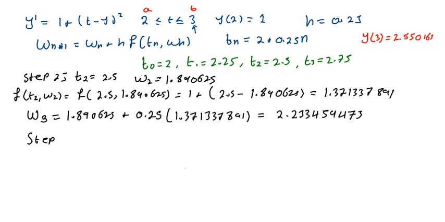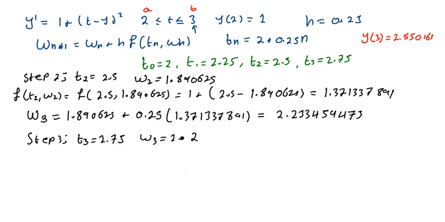Okay, so let's go to the last one, which is step 3. That will give us our final approximation. So for step 3, you have your t3, which is equal to 2.75. Then your w3 we have calculated to be 2.233459473. Make sure you calculate the correct things, because each step that follows is dependent on the previous one.